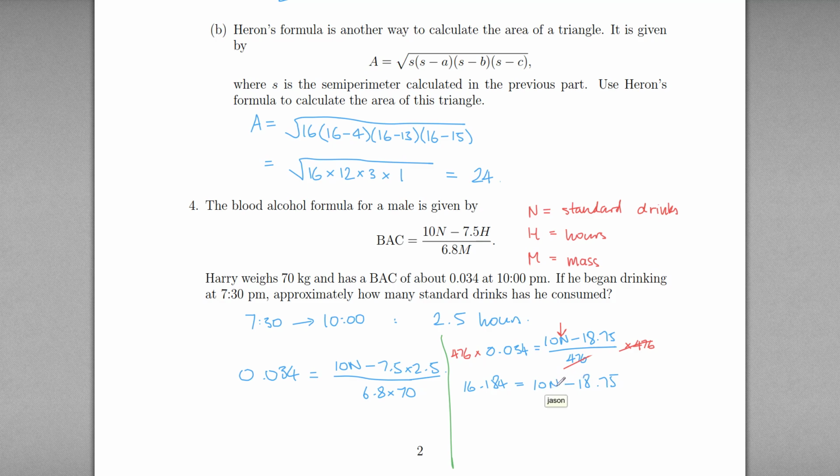I'm still after the n, so I've got to kill the minus 18.75, and I do that by going plus 18.75. Do it to the right, do it to the left as well. So plus 18.75. On the right side, that will kill that one. On the left side, I better just add that. I get 34.934.